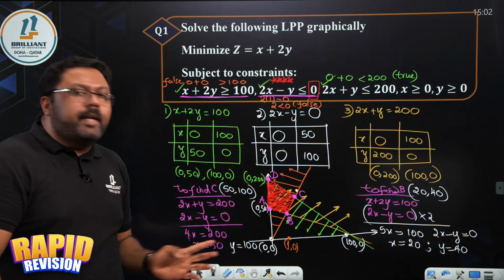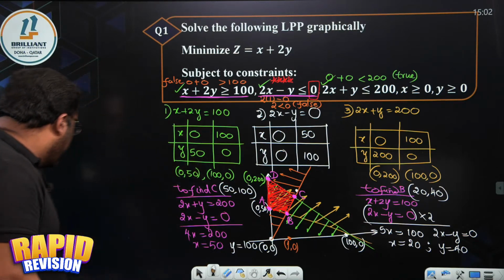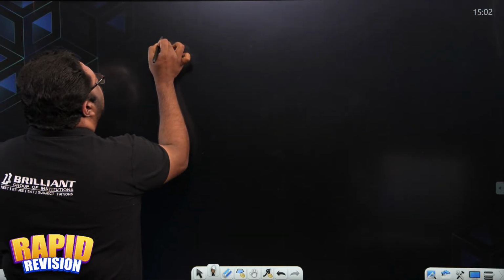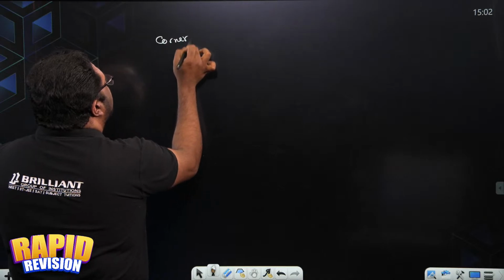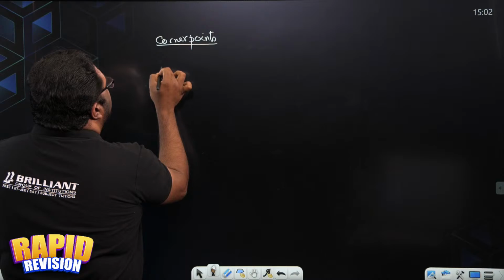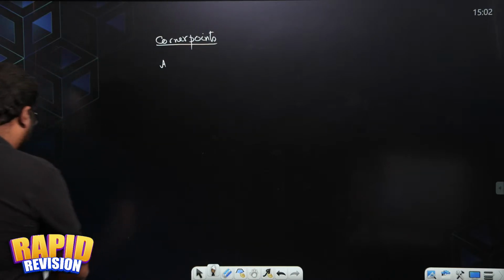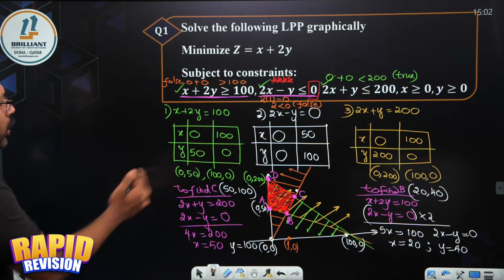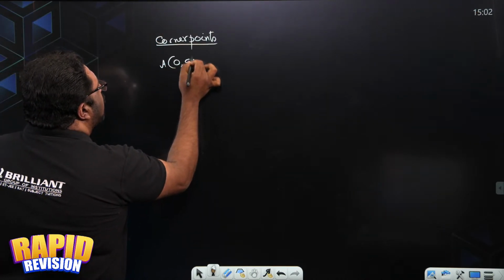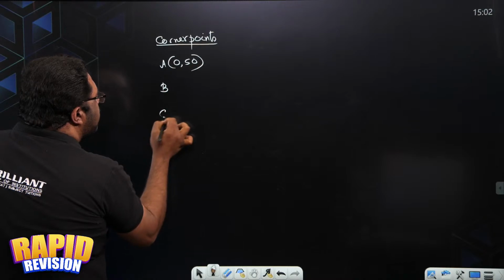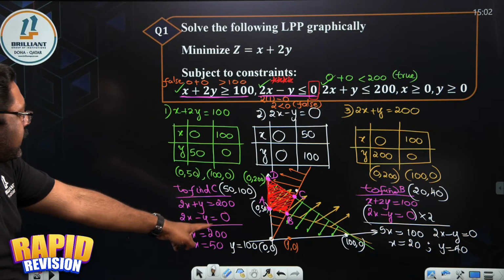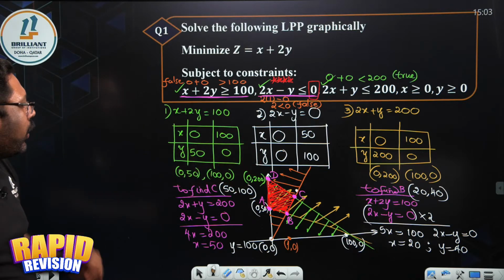All the corner points are now calculated. Now use that, all of you, in the table. What are the corner points? A is (0, 50). B, C, D. B we found, (20, 40).